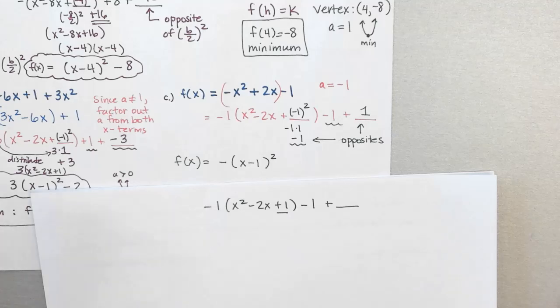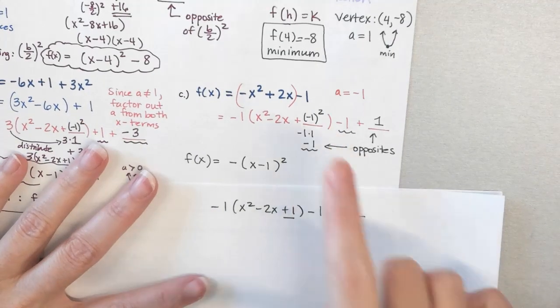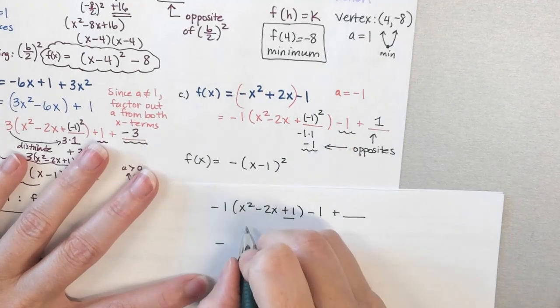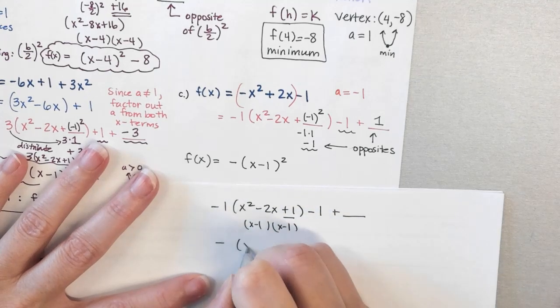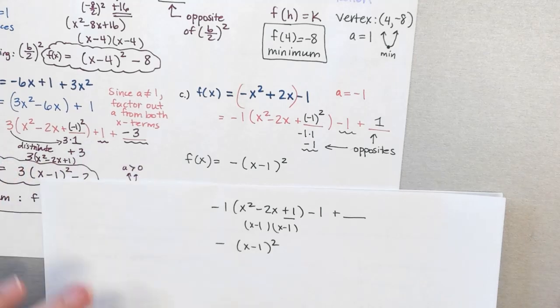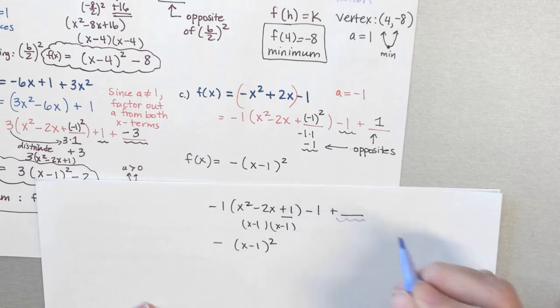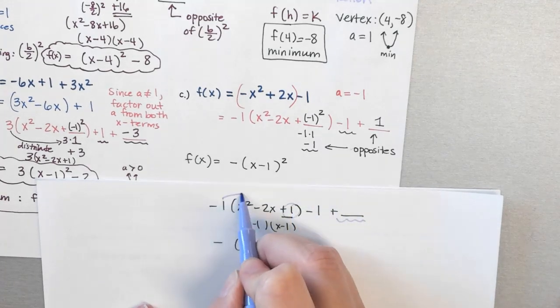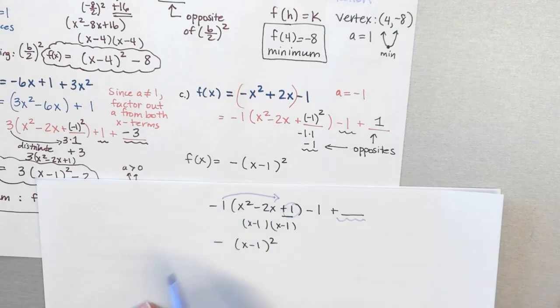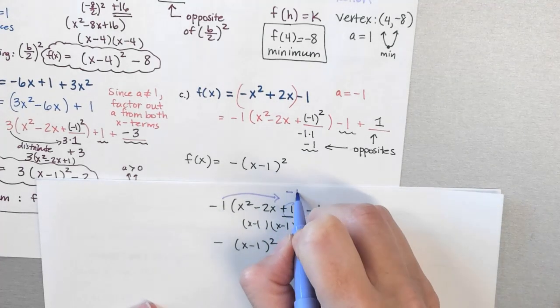Okay, and if you're somebody that doesn't like to write it out like that, that is fine too. You can always factor these down into the x minus 1 squared, and then whatever you are deciding to add here has to be the opposite of this quantity, but you have to make sure that you distribute. So -1 times 1 is -1.